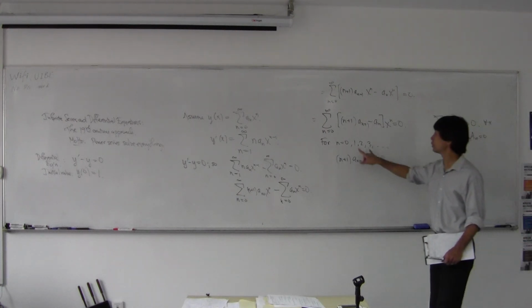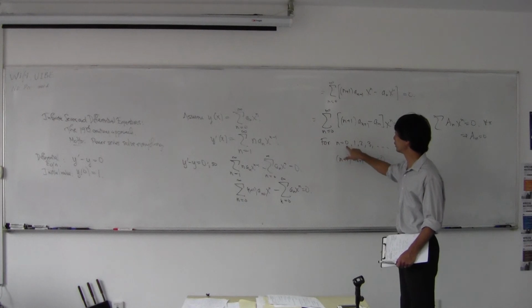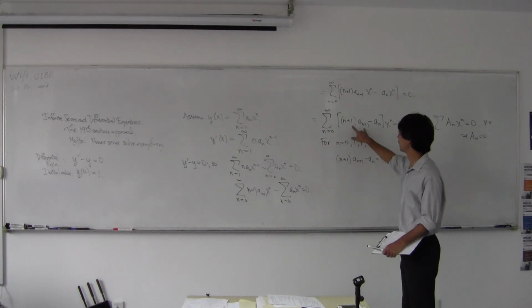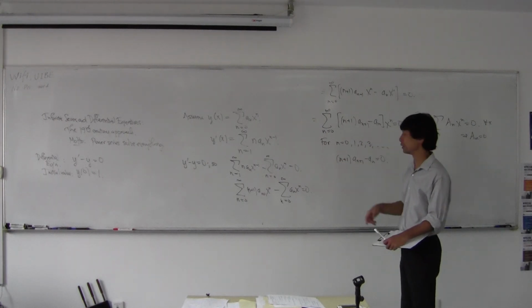So for n equals 0, this is 0. For n equals 1, this is 0. For n equals 2, this is 0, etc.